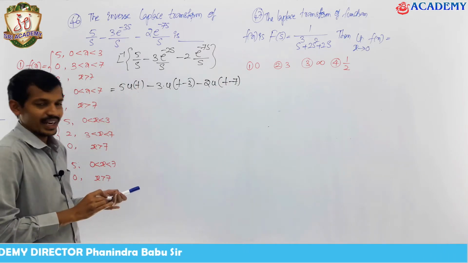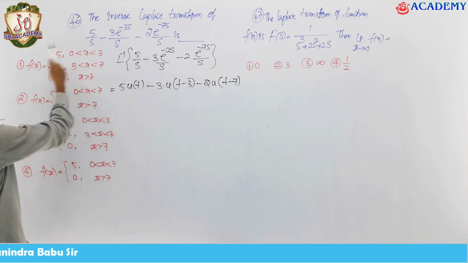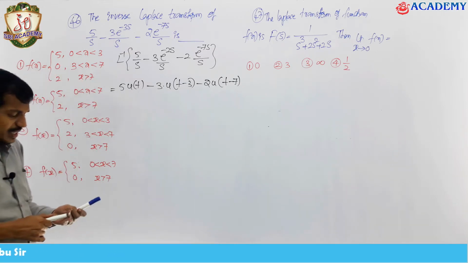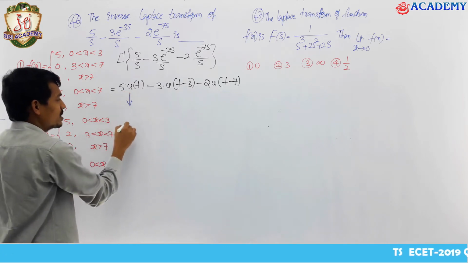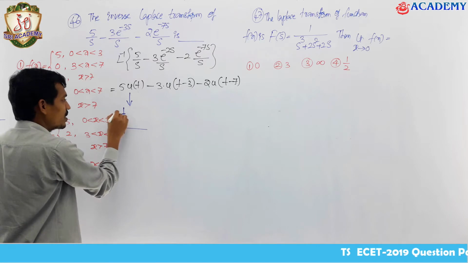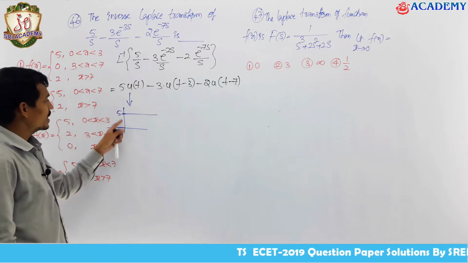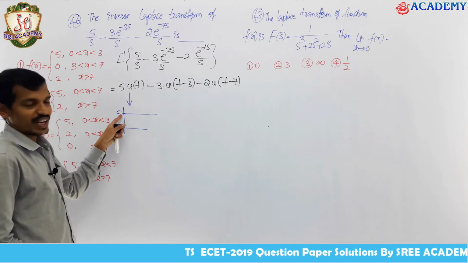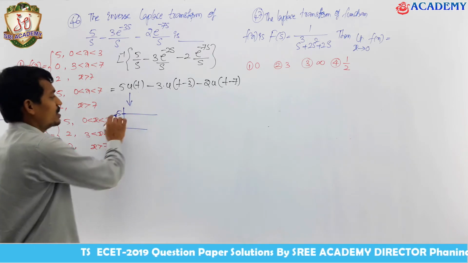Now let's represent these values. If you draw the unit step function, it starts at 5; before that it is 0, and after that the value is always 5.